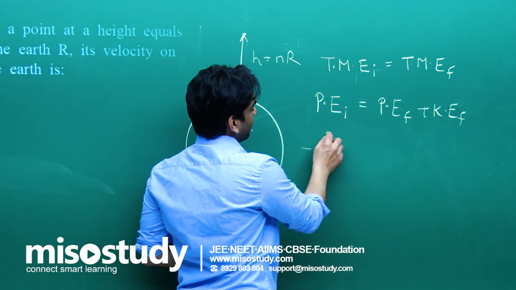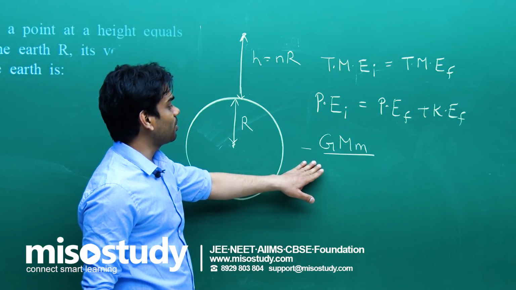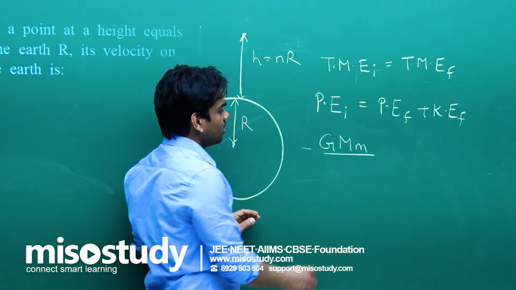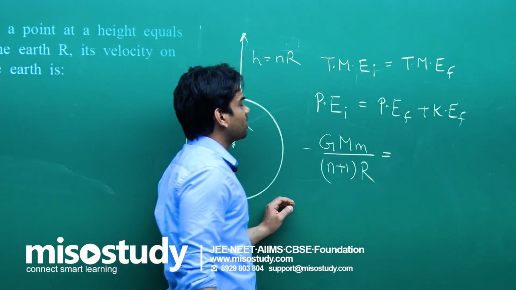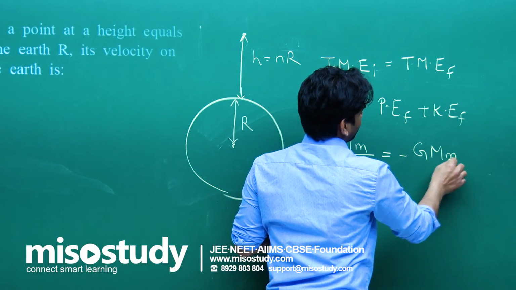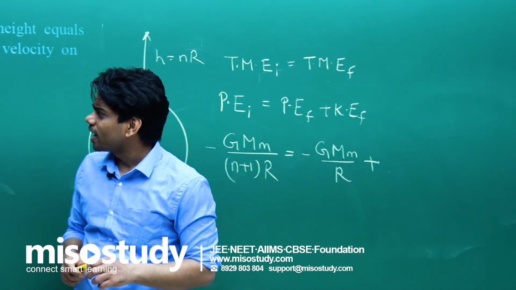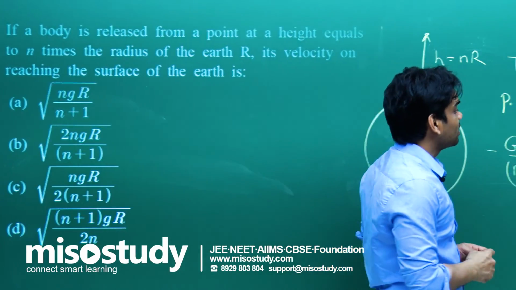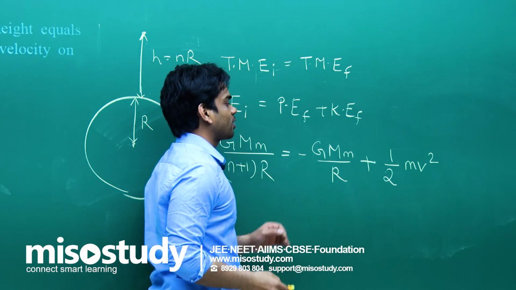Potential initial will be minus GMm divided by its total height from the center of the Earth, that will be nR plus R, that is (n plus 1)R, is equal to potential energy final at this point, minus GMm divided by R, plus kinetic energy. Kinetic energy will be equal to half mv square, and that is what we need to evaluate. Its velocity on reaching the surface of the Earth is what we need to evaluate.